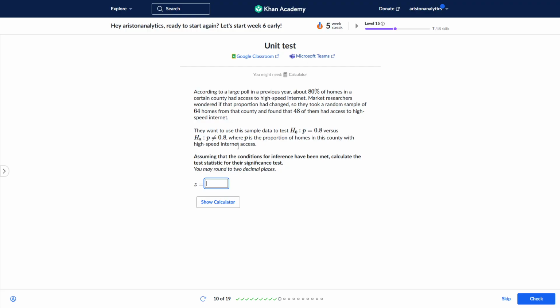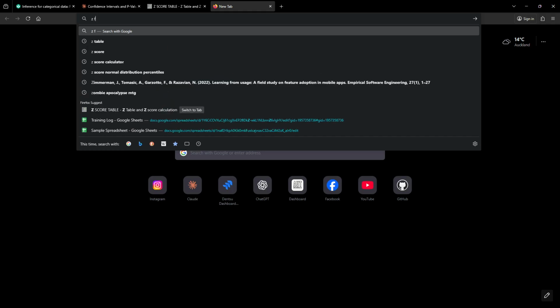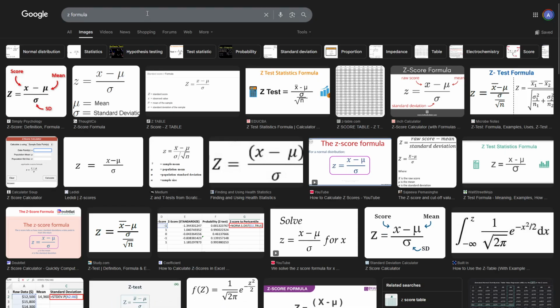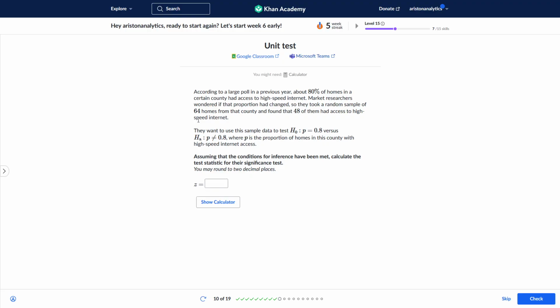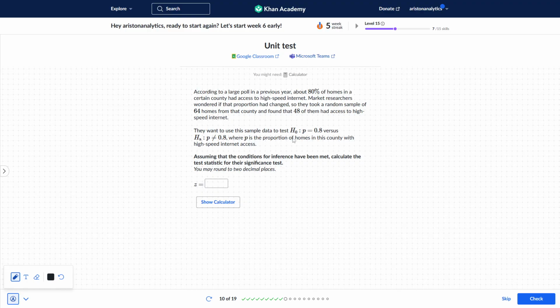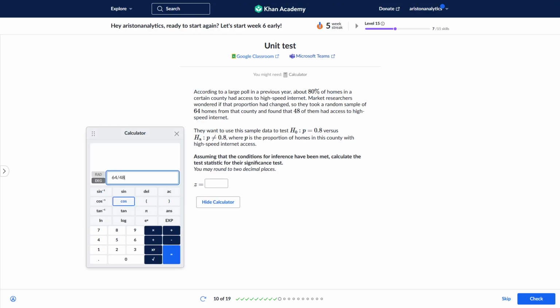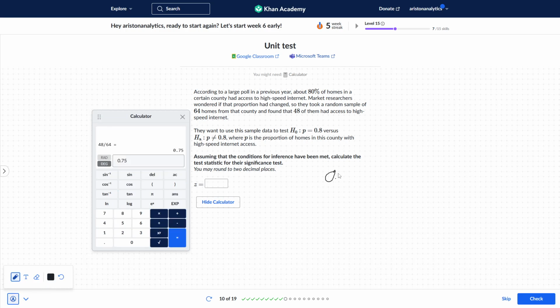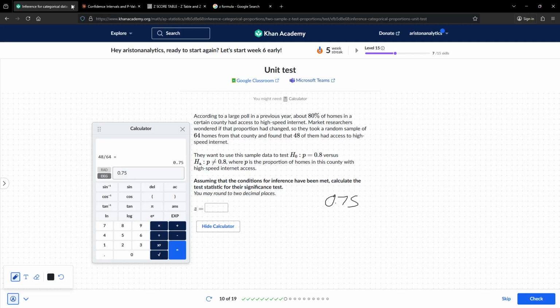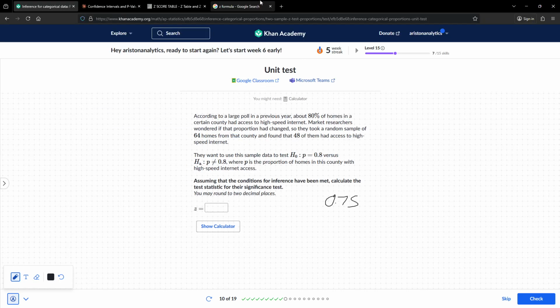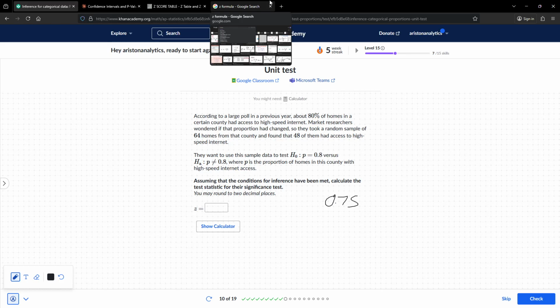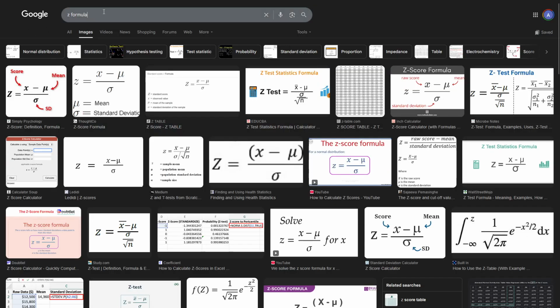Calculate the test statistic for their significance test. Z test statistic.